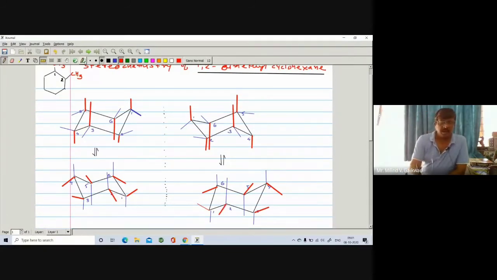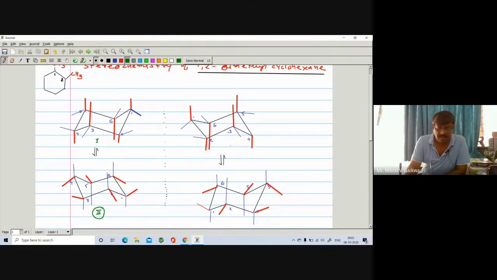So what have we learned? We have drawn the structure of cyclohexane. It undergoes ring flipping. Then we put a mirror between these two structures. Suppose this is your structure number 1, then structure number 2 is after ring flipping. So this is your structure number 2.